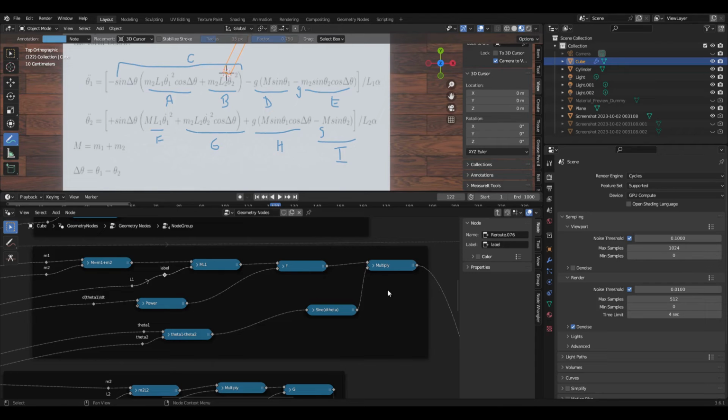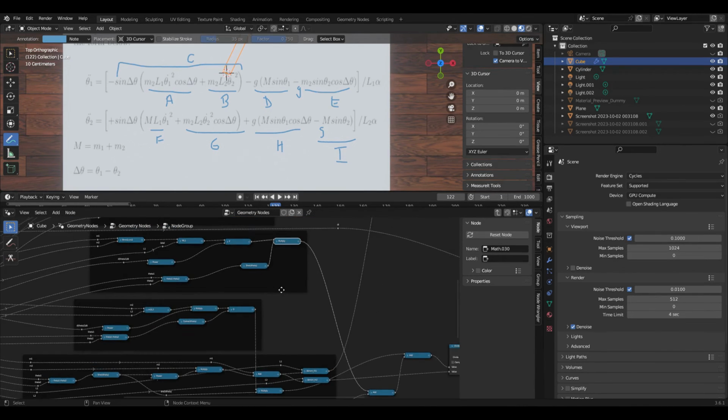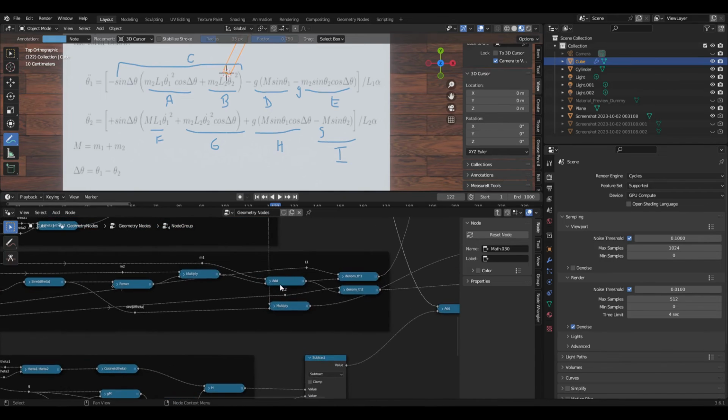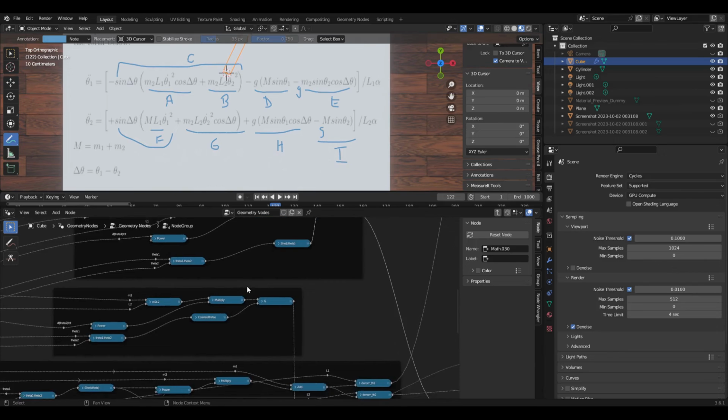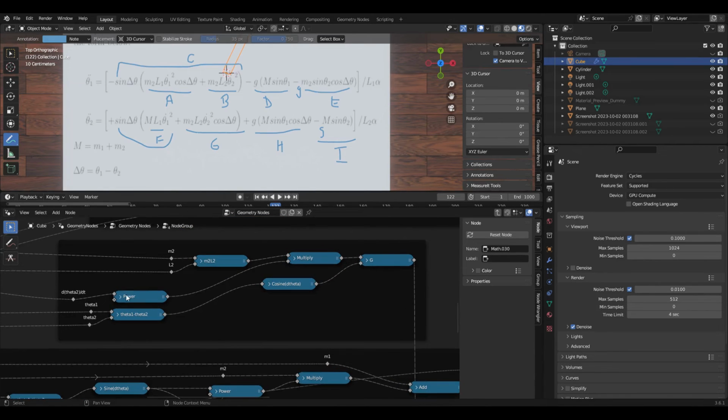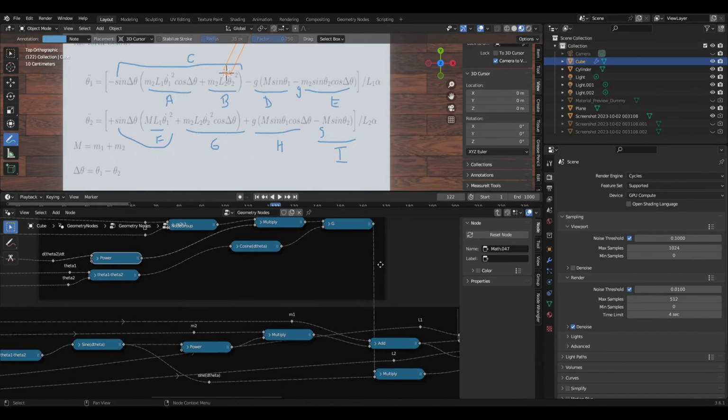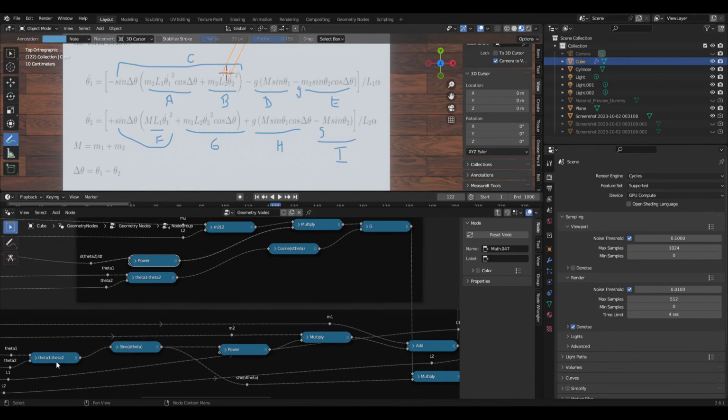And then the difference in the thetas is going into a sine function, so that's sine d theta, and that's being multiplied by F. G is being calculated in its own separate block, and so that's M2 times L2 times theta 2 dot to the second power times cosine delta theta. And then down below, we're going through the calculations again for the rest of it.